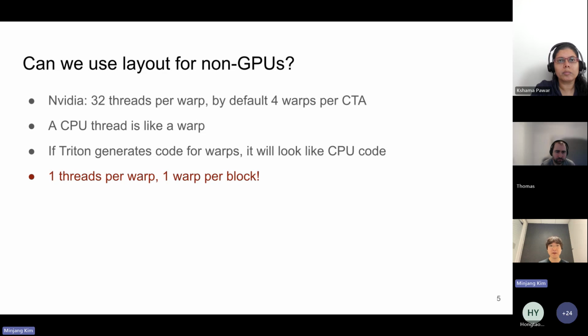If Triton can generate code for warps, then the code may be very similar to CPU code. I was trying to find a way, but now I finally realized: what if we set just 1 thread per warp, or just 1 warp per block? Then it might look like CPU code.